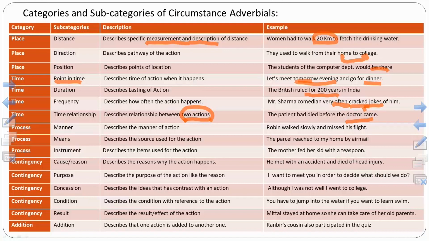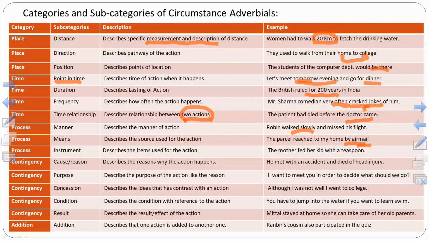We can see what kind of manner of action he has. Very slow. He walked slow, so he missed the flight. So that's the result. Now it describes the source used for the action. The parcel reached my home by airmail. Means it describes the source used for the action. So what kind of source is used? By airmail.